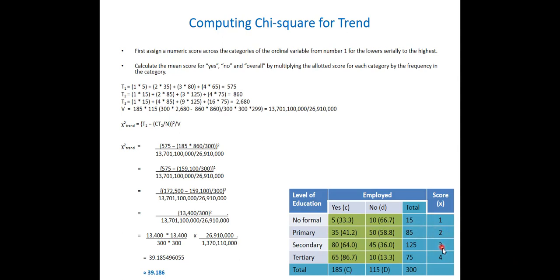Then 3 squared, which is 9, times 125, 4 squared, which is 16, times 75. That's how you get the T3. So when you put it together, you get this answer. So don't bother yourself, but just know the logic, that you are trying to see how the thing varies along the trend. So let's just run it.